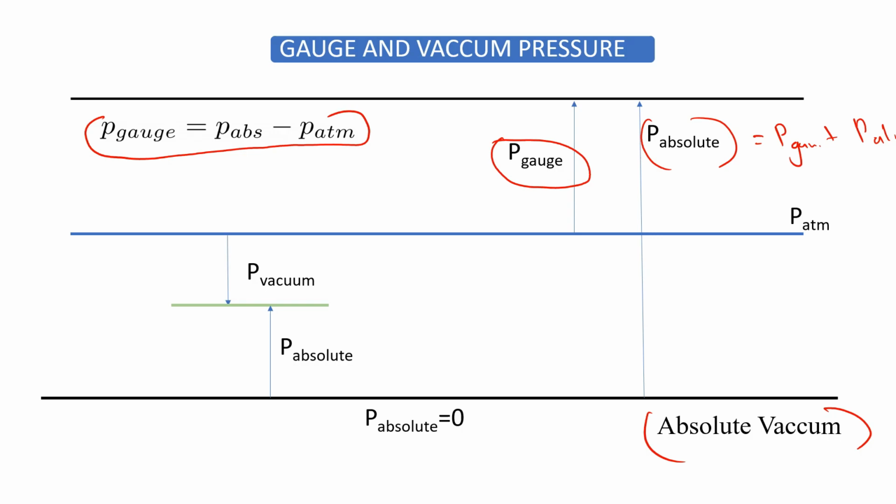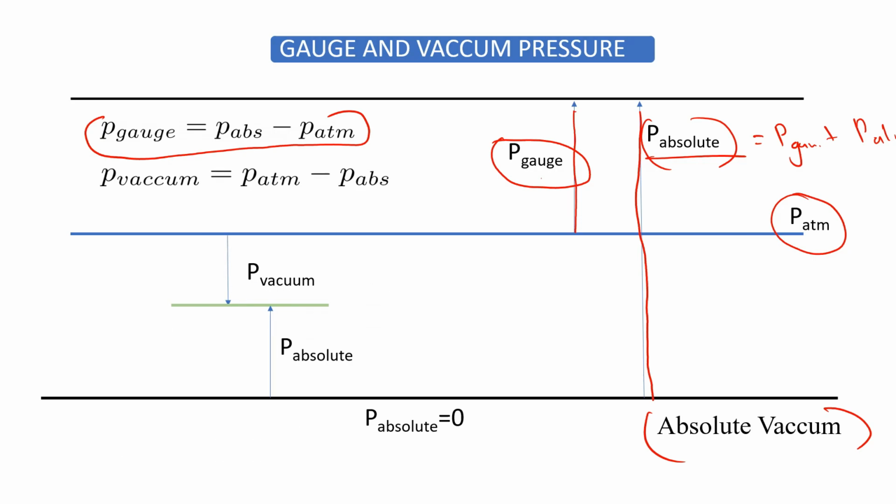You can see that here. This is the absolute pressure and this is the gauge pressure. So P absolute minus P gauge will give you the atmospheric pressure. And P vacuum is equal to P atmosphere minus P absolute.